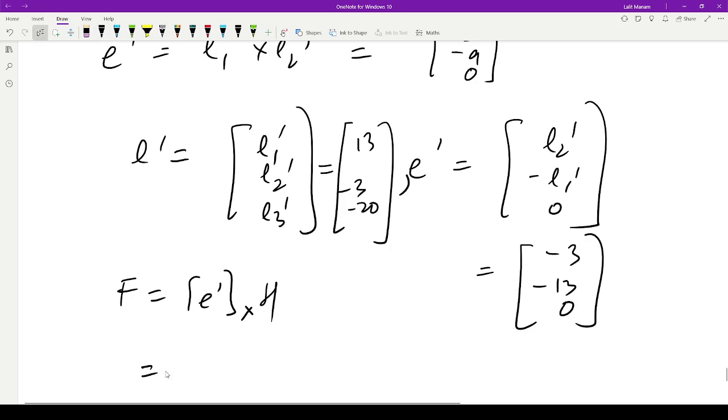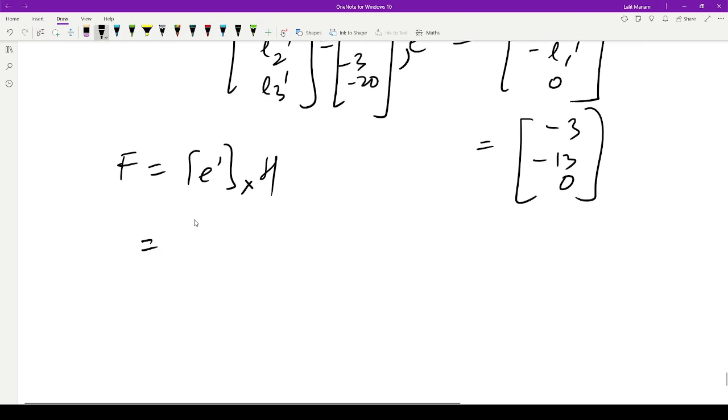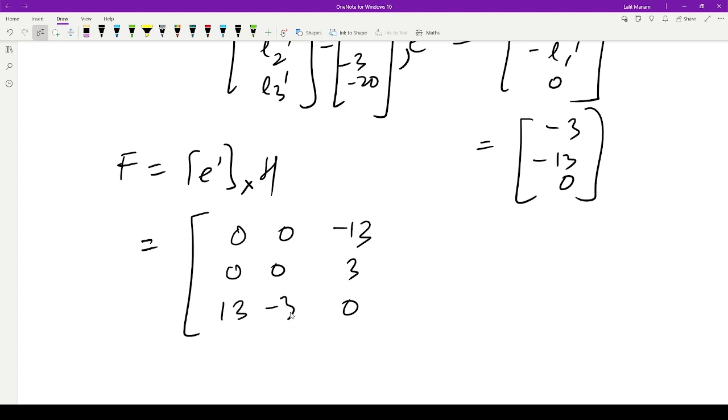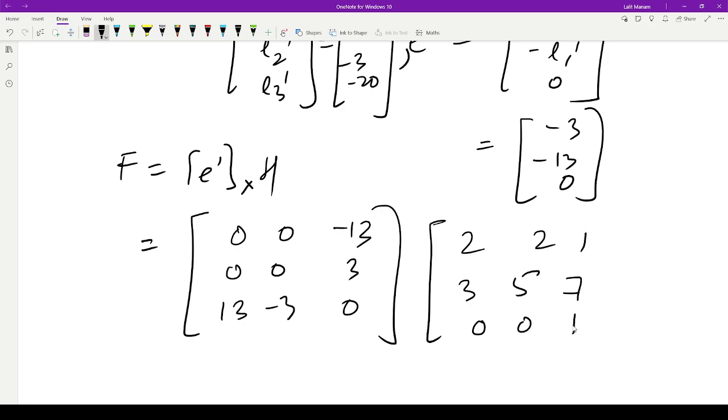And then this is nothing but, we try to put the skew symmetric form, and see if it matches something that we are given: 1 3 5 7 0 0 1.